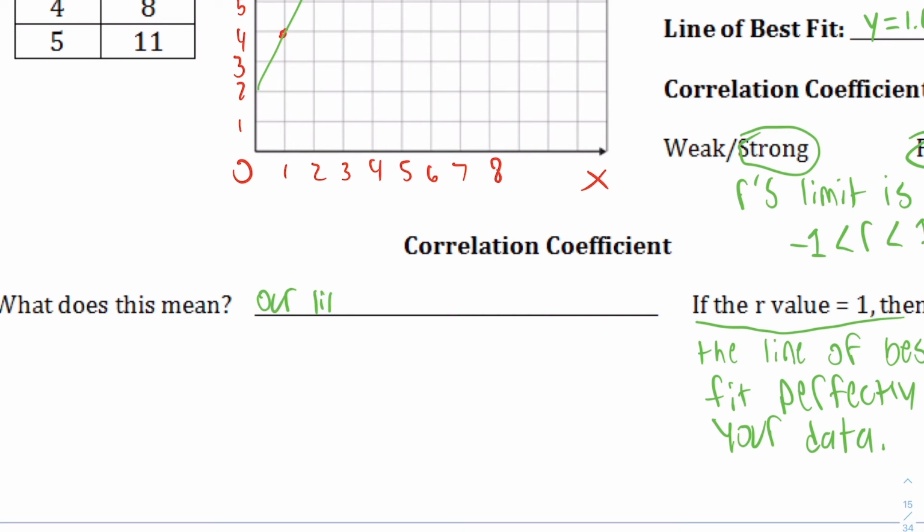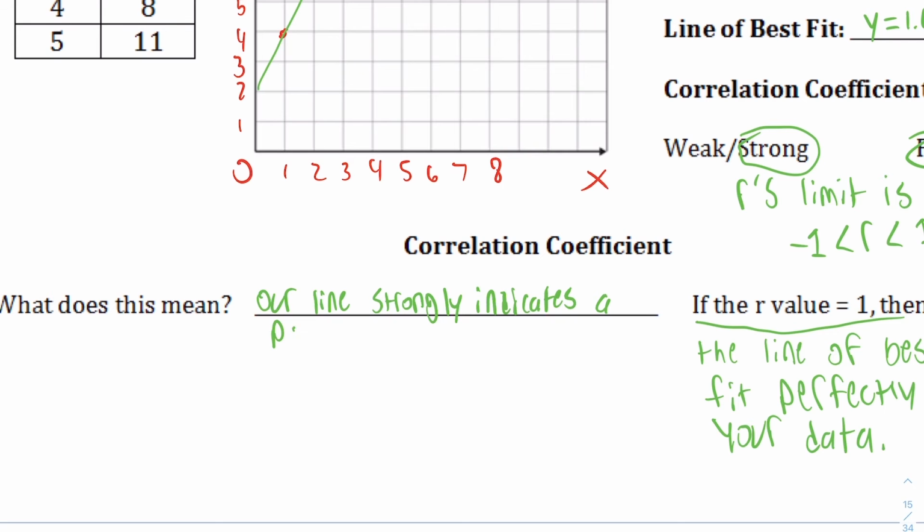Our line strongly indicates a positive linear correlation, because our R value is 0.977.